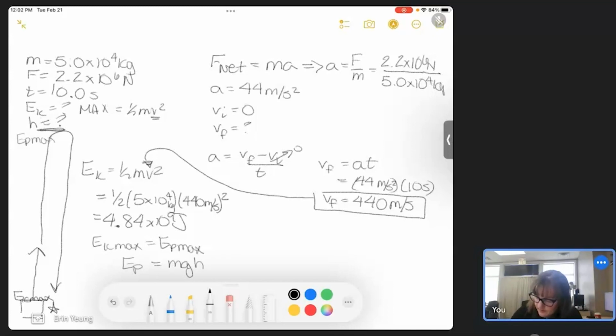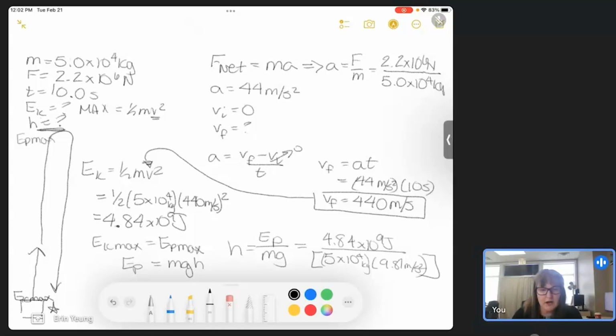So you've got your EP divided by mg is equal to your h, and you've got 4.84 times 10 to the 9 joules over 5 times 10 to the 4 kilograms, 9.81 meters per second squared. Again, remember that you put this in brackets. You should get your maximum height to be 9.87 times 10 to the 3 meters.